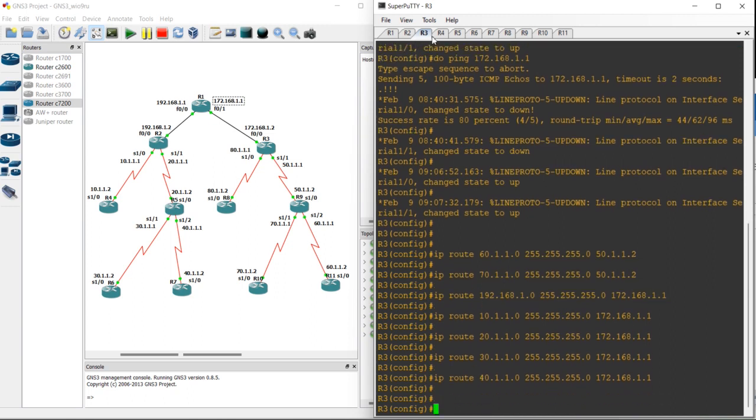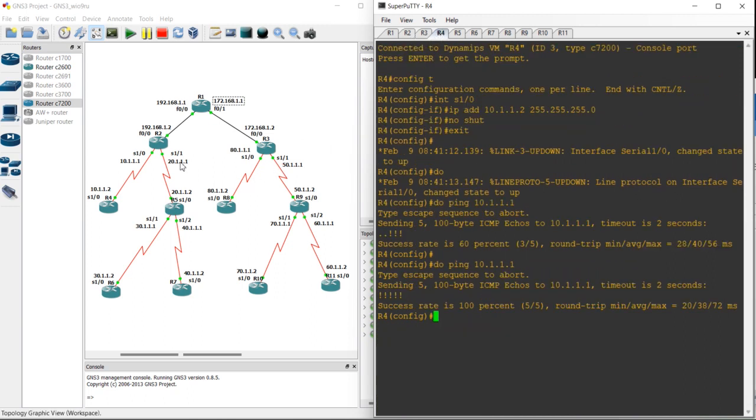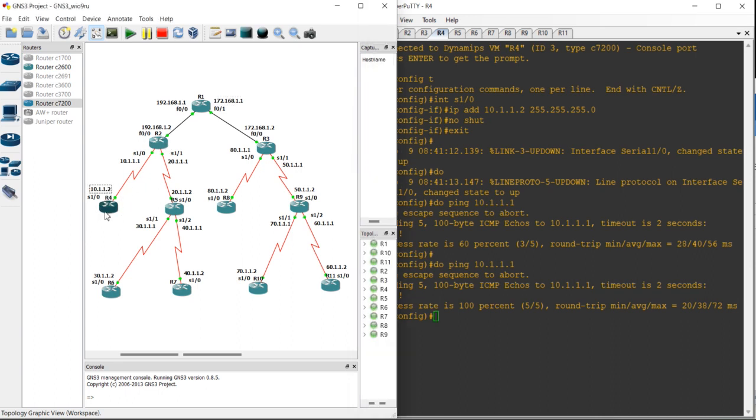Now on router 4. Router 4 has only one network, 10.1.1.0, right? So if we want to communicate with all other networks, we need exit IP 10.1.1.1 from router 4.